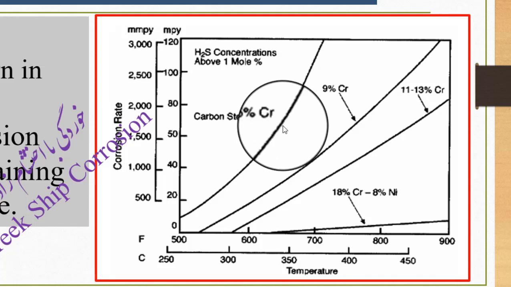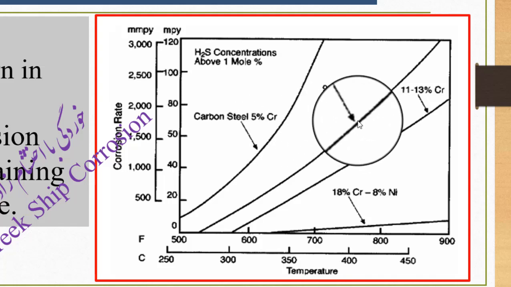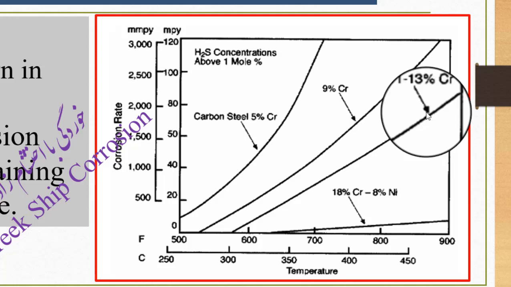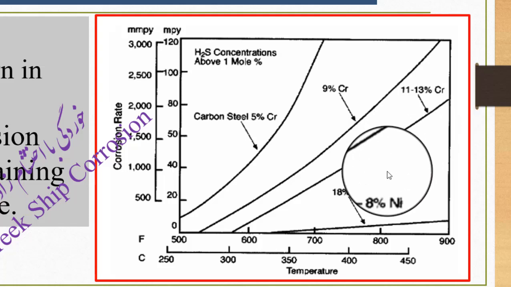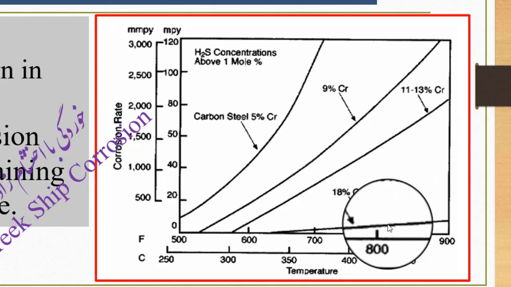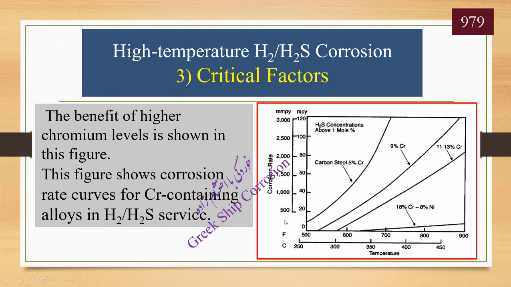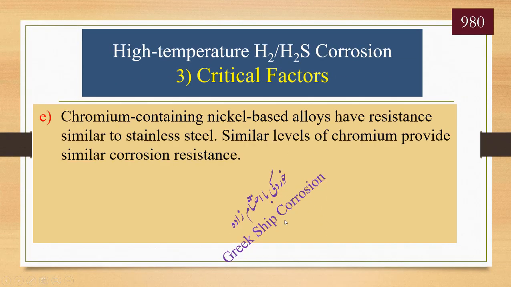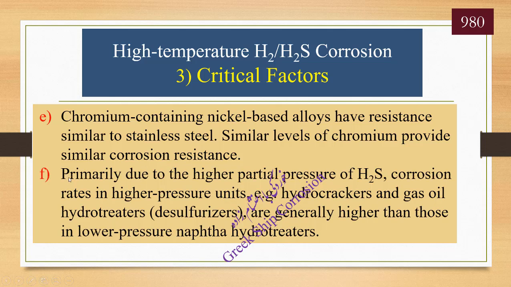Carbon steel, 5% chromium, 9% chromium, 11 to 13% chromium, 18-8 stainless steel. E. Chromium-containing nickel-based alloys have resistance similar to stainless steel. Similar levels of chromium provide similar corrosion resistance.